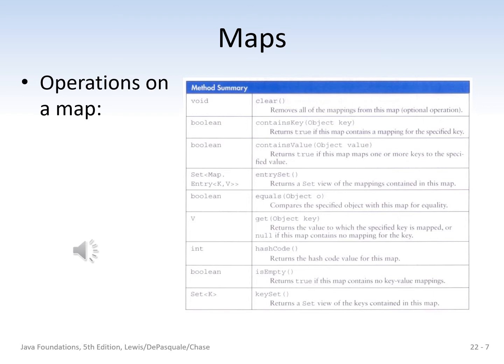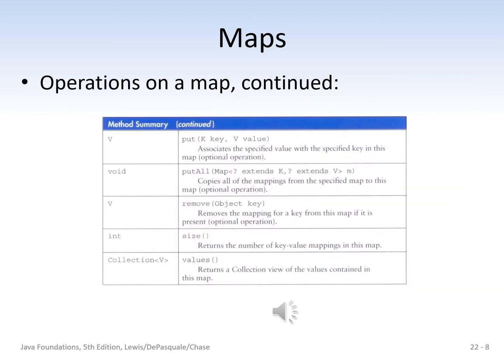I'd like you to take a look at these, but we're going to be looking at implementations. You should be familiar with all of these. It's a continuation of the operations performed on a map. There's size, putAll. Yeah, we're going to look at these.